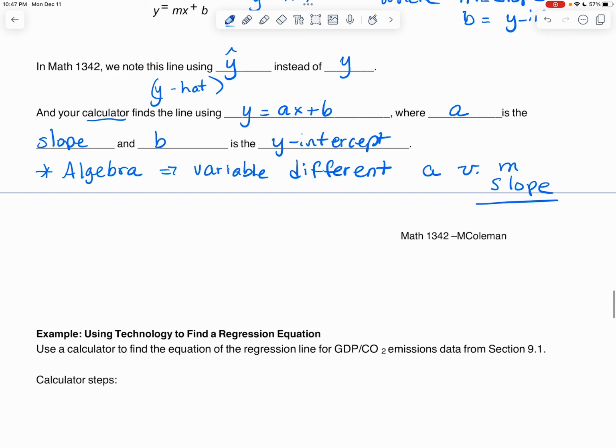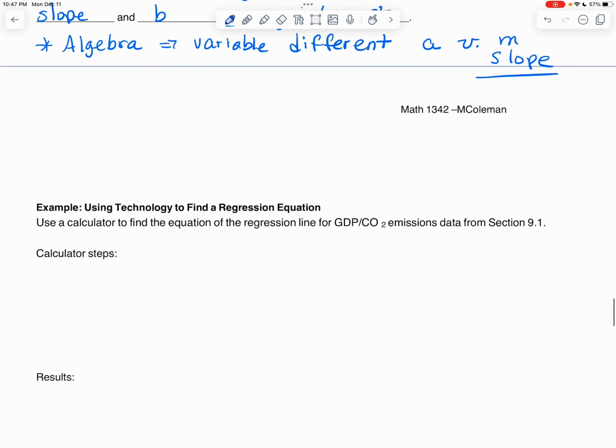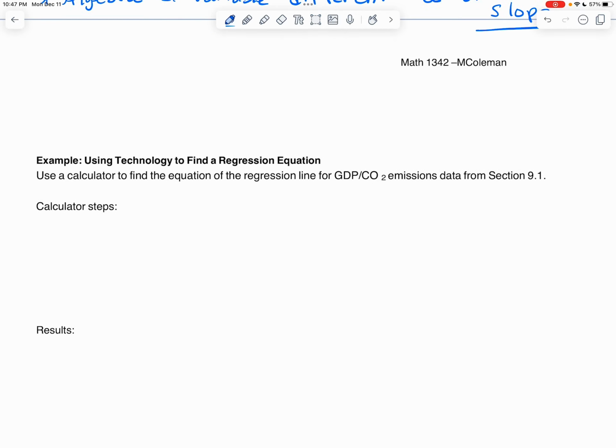So don't let the new terminology bother you. It's exactly what we've learned before. It's no big deal. And it's going to be even better because we get to use our calculator to help us find this. So again, using your technology to find the line of best fit or the regression line.